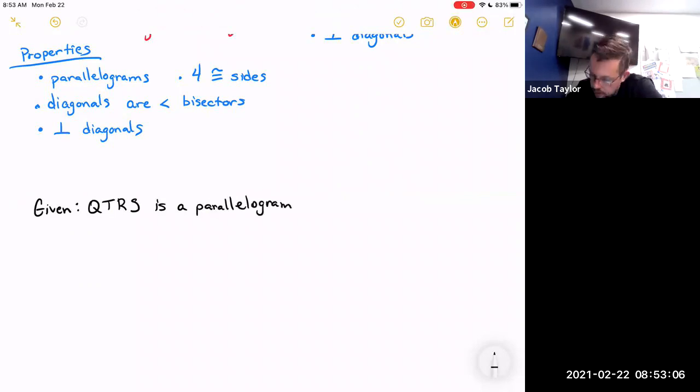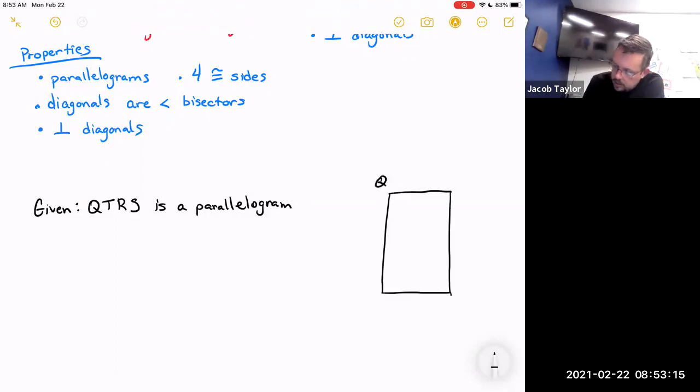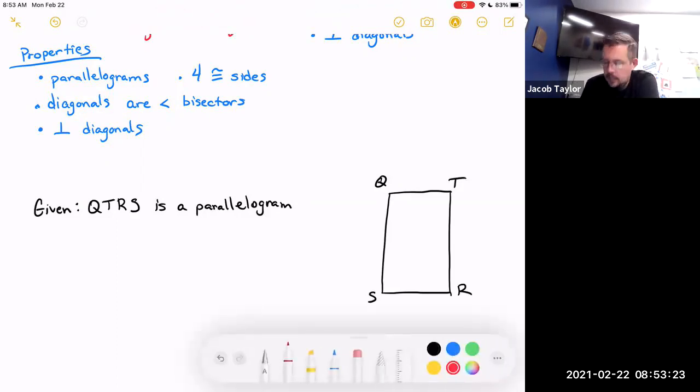Because it is a parallelogram, I can go ahead and put my markings on here.